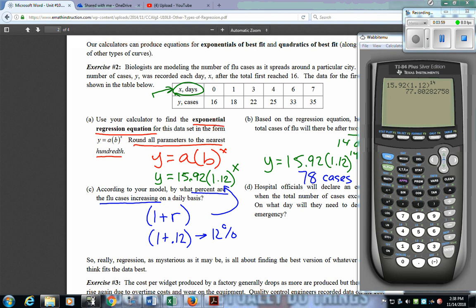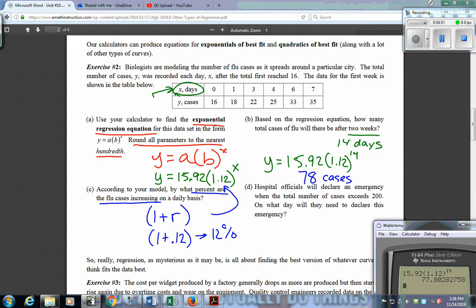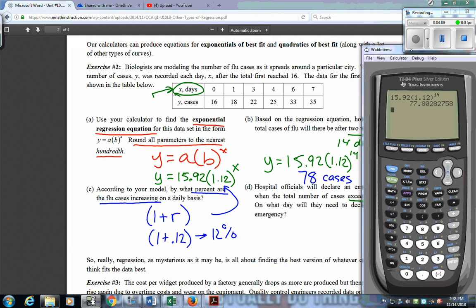And then the last part, you're going to declare an emergency when the cases get above 200. On what day will they do that? Now, you can also input the equation into the calculator, put in x, and then you can go to the table and search through the table.